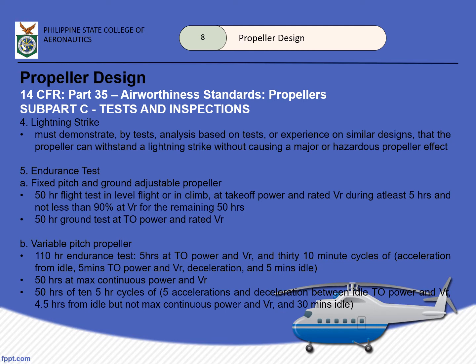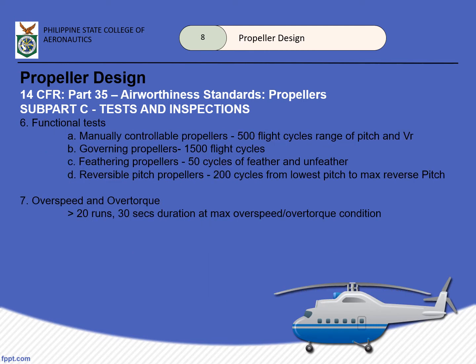That's pretty much self-explanatory na. Since airworthiness standards lang din naman to. So, yeah, yun lang yung nagpo-fall under ng ating propeller. Sa subpart C pa din, we have 6 and 7, which is for functional tests and overspeed and over torque. Okay? So just kindly read through this.